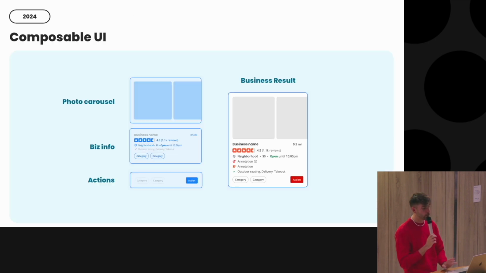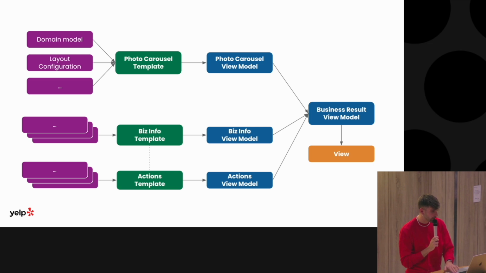How does that work? So the results component, the business results component, you can think about as a composition of different UI views. And each view can have different types of layouts. This is how it works. So we have this idea of templates.